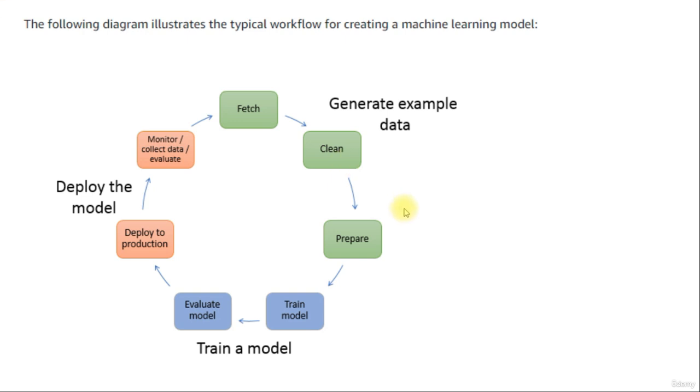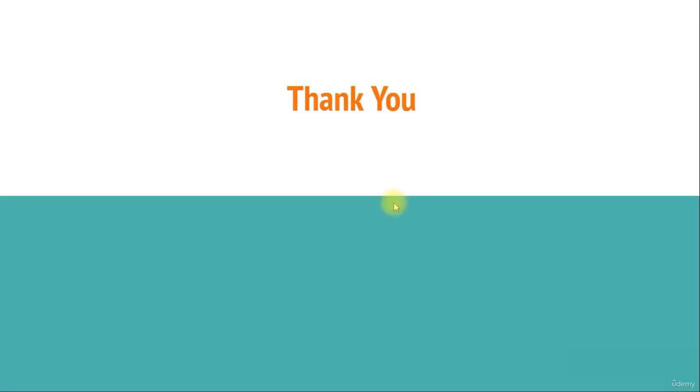So this was the basic introduction to how AWS SageMaker is useful in the complete machine learning lifecycle. In the next section, I'll open the AWS Management Console and teach you how to use SageMaker and what its basic components are.